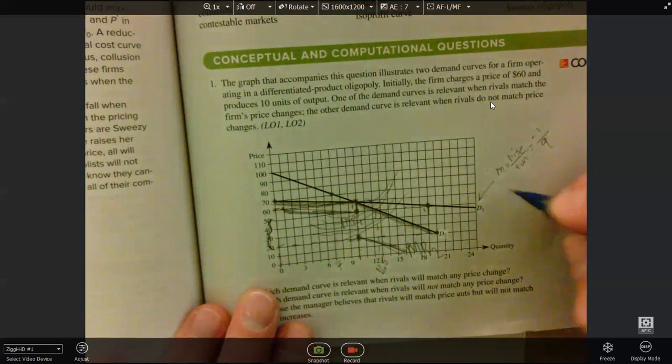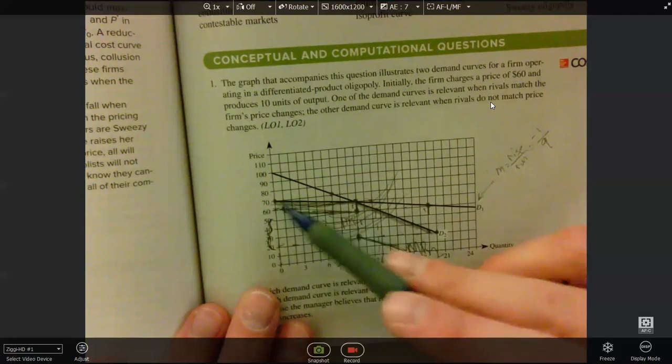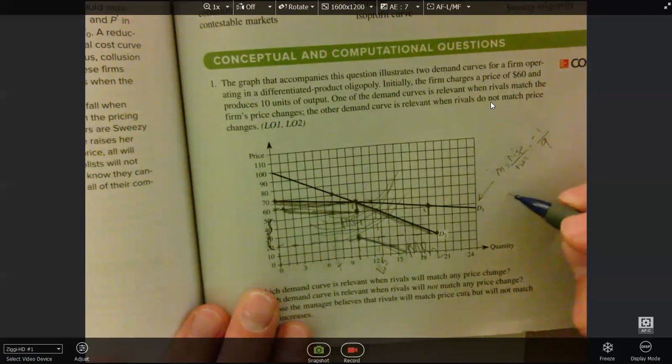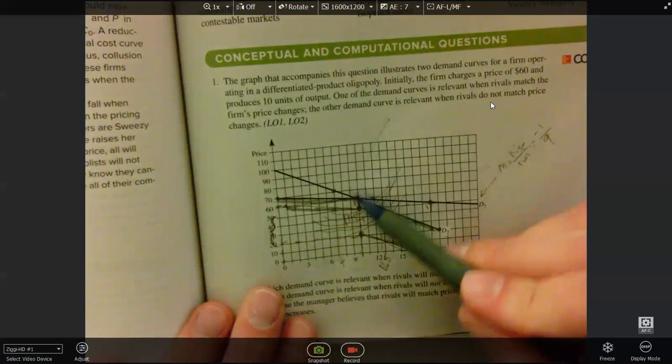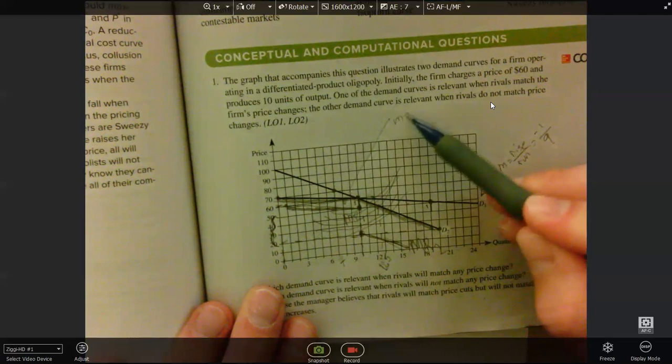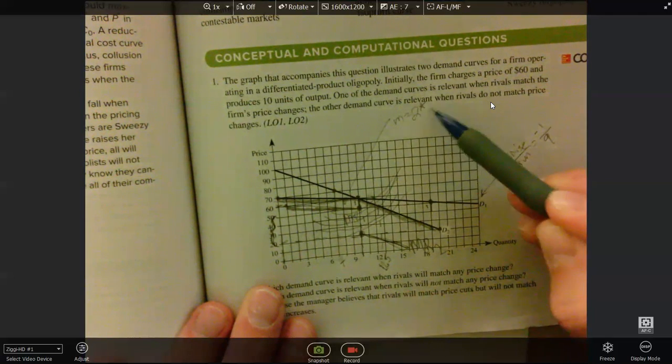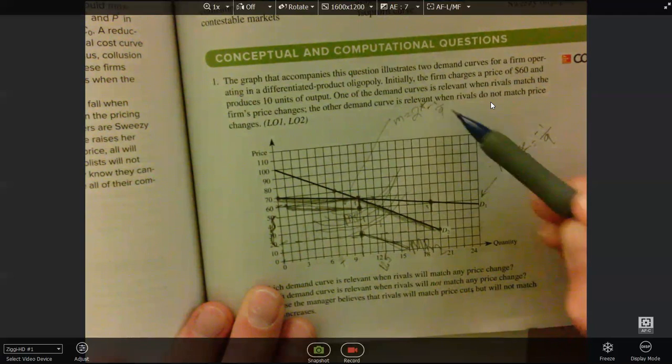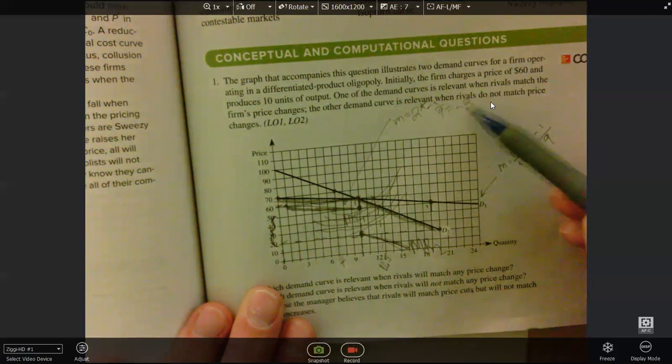And so the slope of this marginal revenue curve is going to be 2 times this. The slope here is 2 times negative 1/9, so that ends up being negative 2/9.